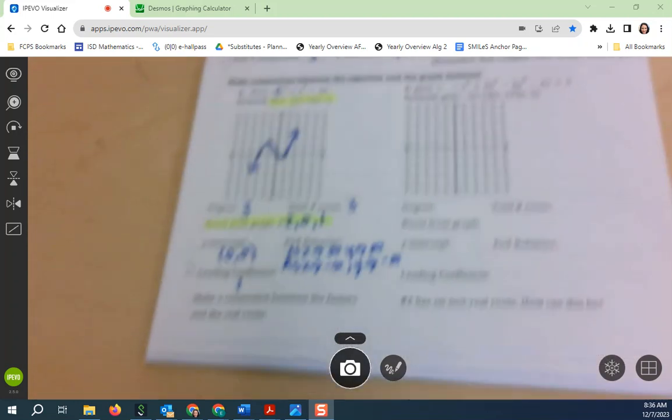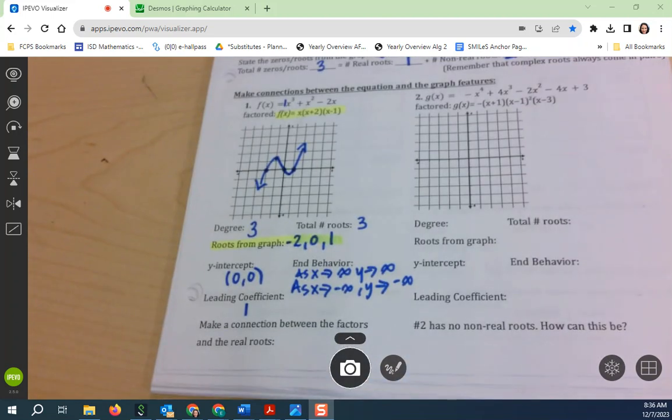PJ, what's the connection between the factors and the real roots? So the numbers are the same, but the opposites. Do you remember when we factored quadratic equations and then we solved them by setting your factors equal to 0? So if I had x minus 2 times x minus 5, I would set each factor equal to 0 and I would get positive 2 and positive 5.